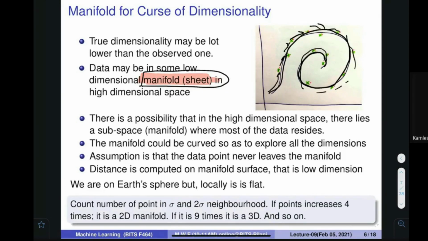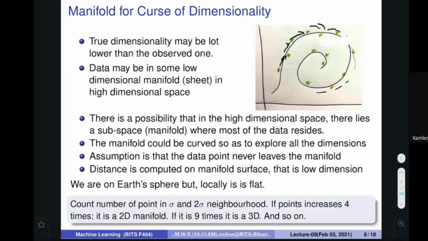Sometimes if you want to understand whether your data is two-dimensional or three-dimensional, there are some small hacks you can apply. For example, if you have a data point, you see how many other data points are in the sigma neighborhood, that is plus sigma and minus sigma.